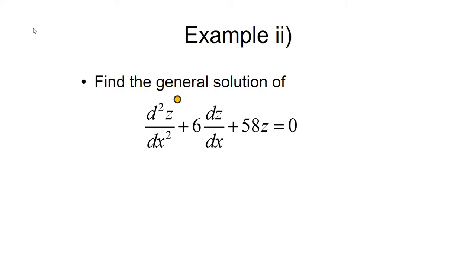Second example, we have z as a function of x. The second derivative plus 6 times the first derivative plus 58 times the function is equal to 0. So again, let's go ahead and solve.